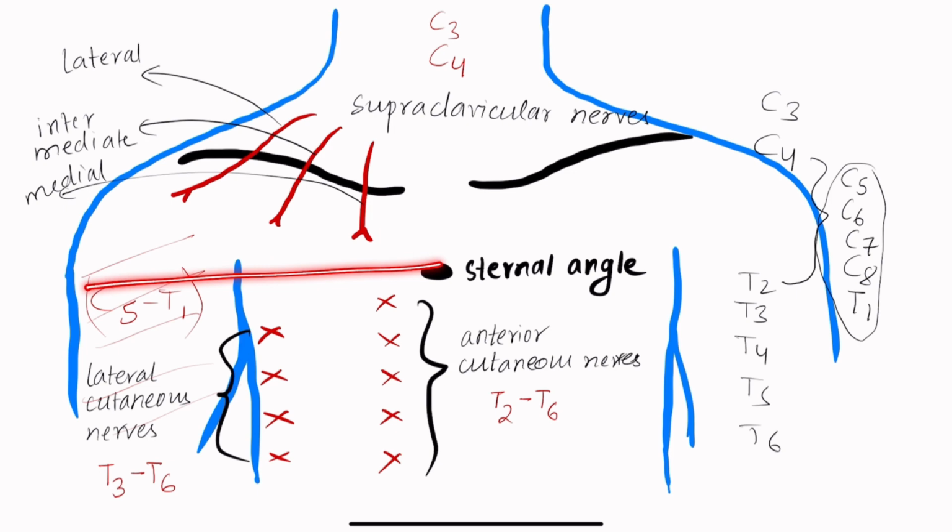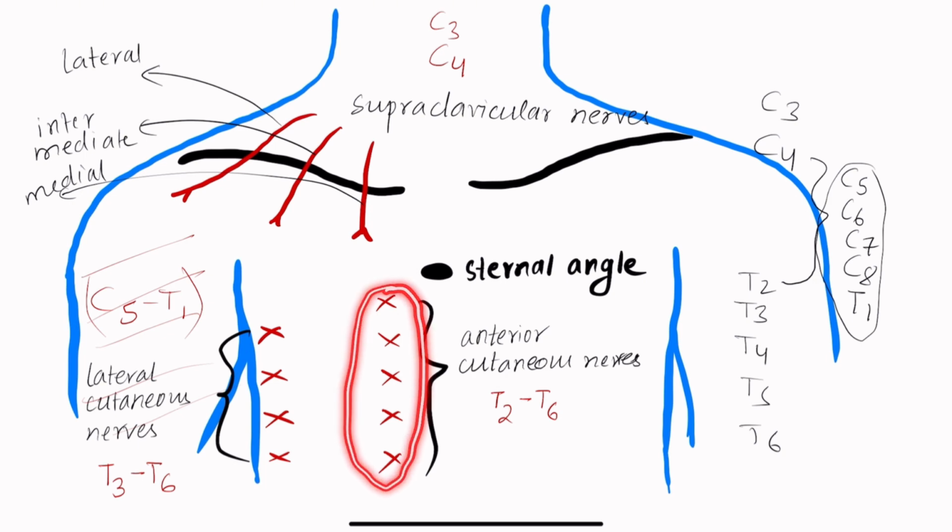Below the sternal angle, the supply of the cutaneous nerve is as follows. The T2 to T6 spinal nerves give off cutaneous branches that are supplied to the anterior region of the pectoral region, and these branches are the anterior cutaneous nerves: T2, T3, T4, T5, T6.